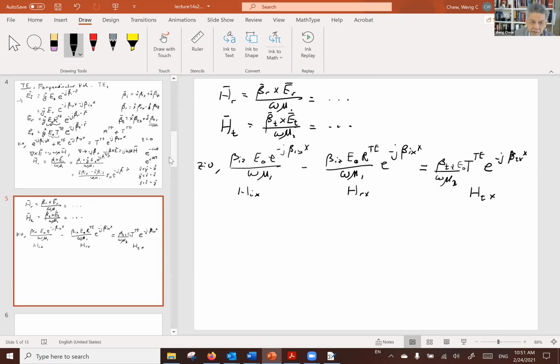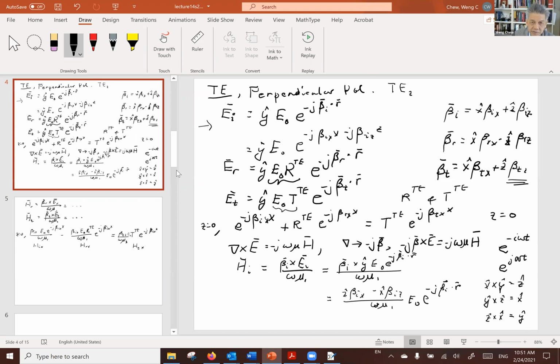Furthermore, we are going to say one more thing. If you look at the first equation over here, maybe I should call this equation 1, since it's important. It has to be satisfied for all x. The only way that this equation can be satisfied for all x is for these betas to be the same.